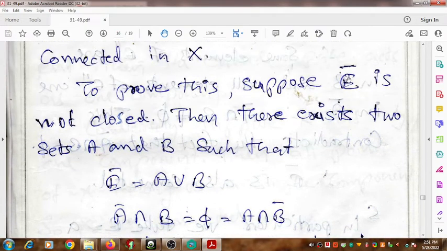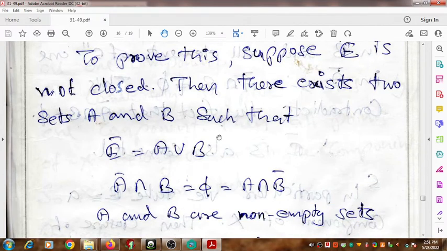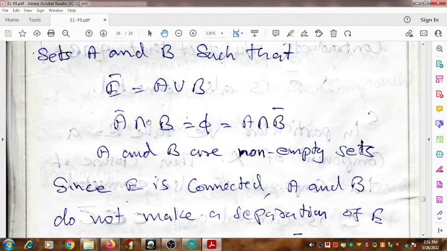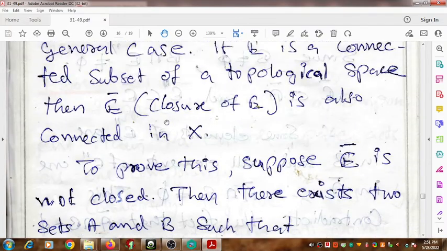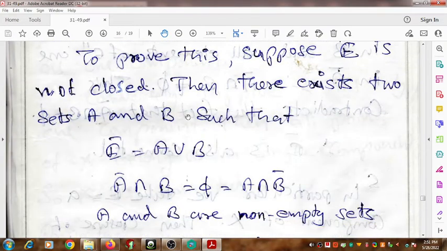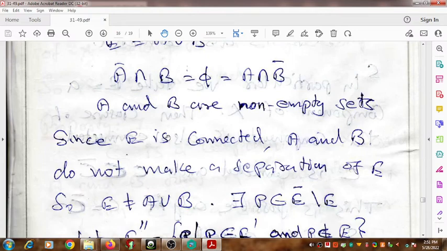Since we suppose that the closure of E is disconnected, we can choose two sets having these properties. But we know that E is connected. It is given that E is connected. In the beginning, we have chosen E as a connected subset.